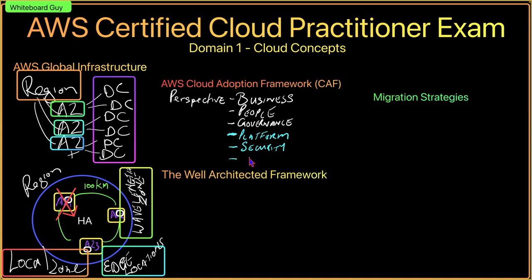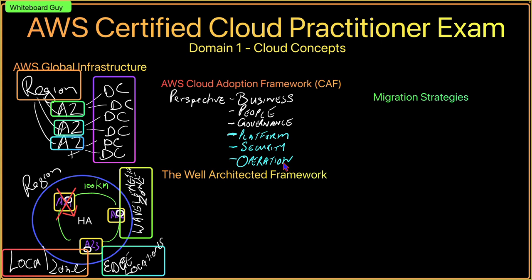And the last one is operations. It is great to know that our business does align for us to move over, that we've got the necessary people, or we're hiring the people, that we've got enough governance in place for our auditors to be happy, for our stakeholders to be happy, moving over to the cloud and the governance services that they have. They do have the right platform.